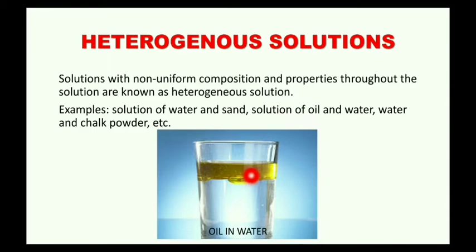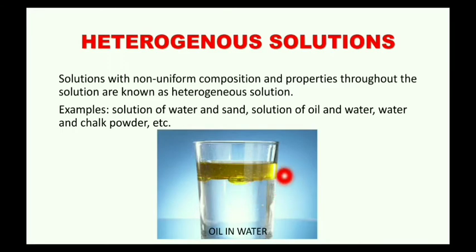For example, if you take a beaker and dissolve some amount of oil in water, after thoroughly stirring the solution, you will find that two separate layers have formed in the beaker. That is, oil has formed a separate layer and clear water has formed a separate layer, because oil has not dissolved in water. They are not uniformly distributed.